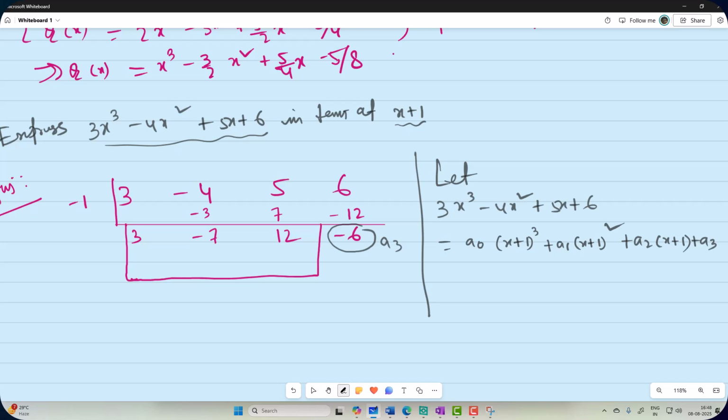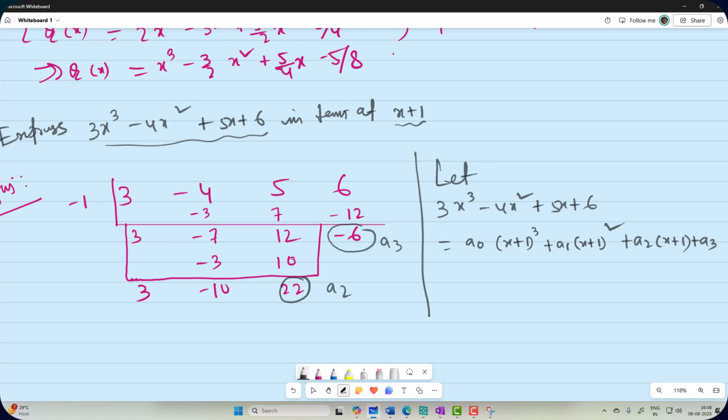Then repeat the process the way I did the previous one. You take it down here, just 3 into minus 1, minus 3, and then it is minus 10. Minus 10 into minus 1 is 10 only, 22. Alright. Now this one is going to be the coefficient a2. Isn't it?